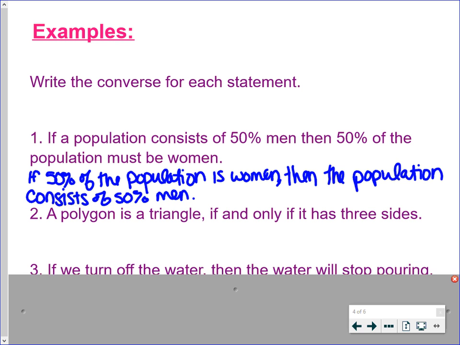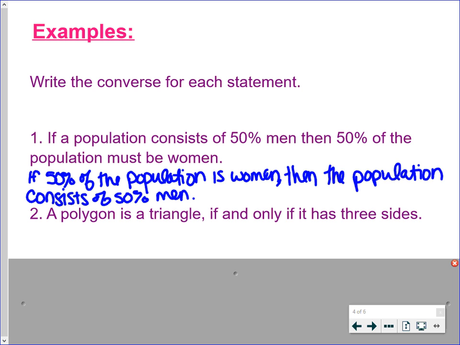All right, now let's look at our biconditional here. A polygon is a triangle if and only if it has 3 sides. So again, we're going to switch this around. We're going to take the conclusion, write it as the hypothesis, and the hypothesis as the conclusion. So we're going to write a polygon has 3 sides, if and only if.